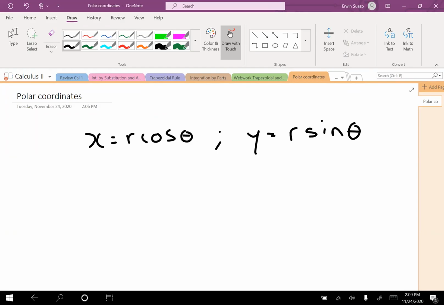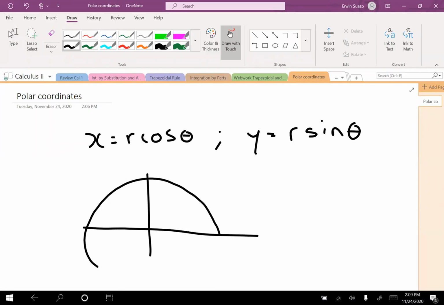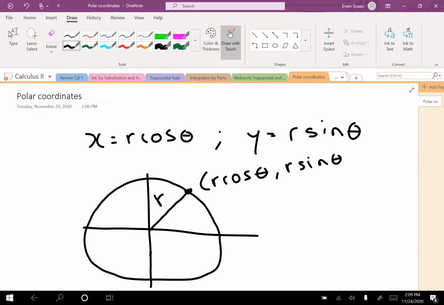Okay, this is coming from the circle. Remember, if you have a circle, in this case the radius is r, this point is r cosine theta, r sine theta. So polar coordinates come basically from the circle. This angle is theta, and that's the radius.